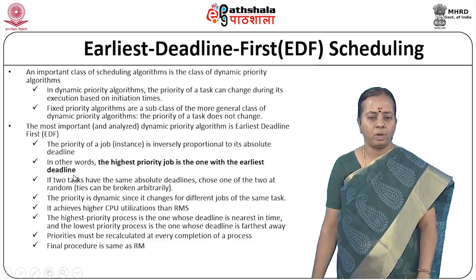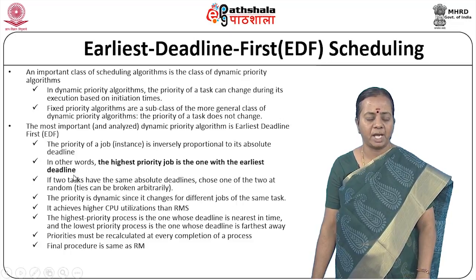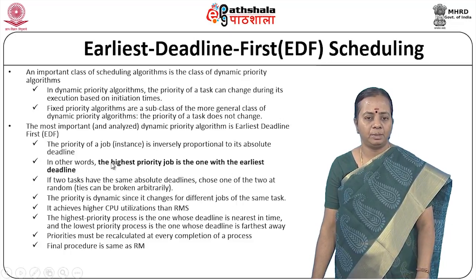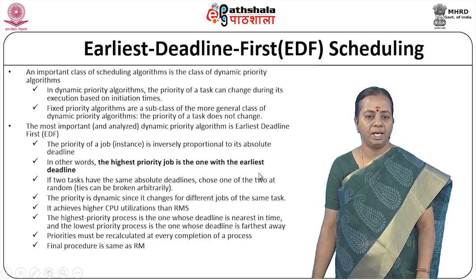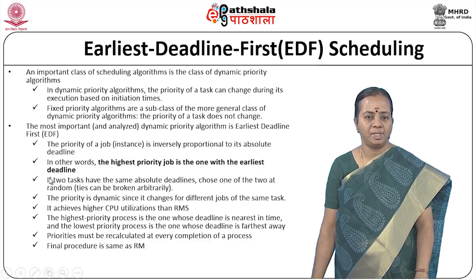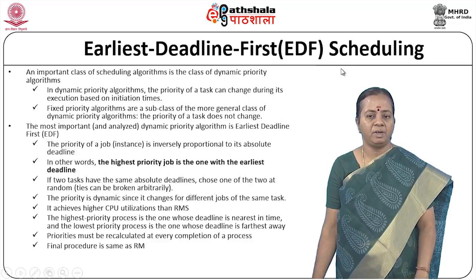If I have 4 or 5 tasks, at each and every instant we will fix the priority based on the deadline. The task with the earliest deadline is given the top priority. That is the basic idea behind EDF scheduling.